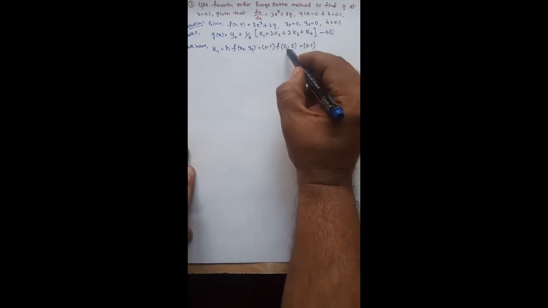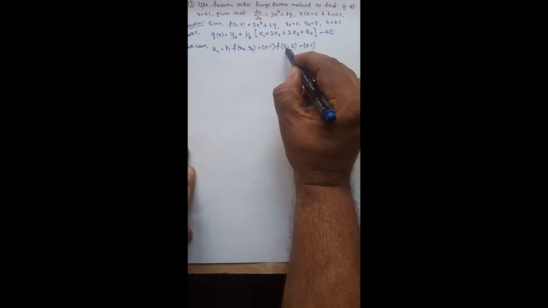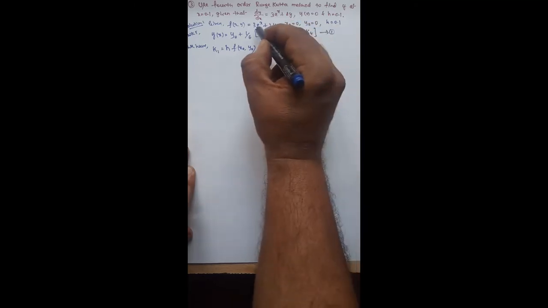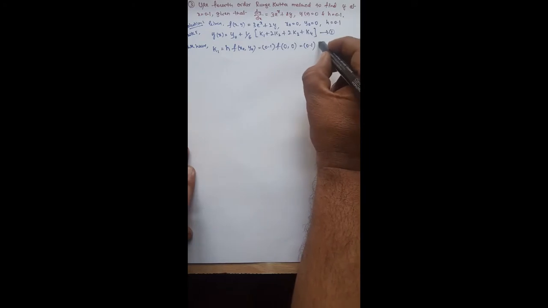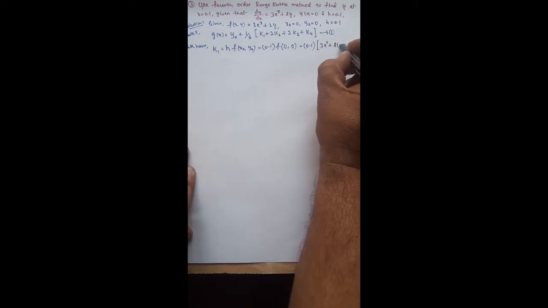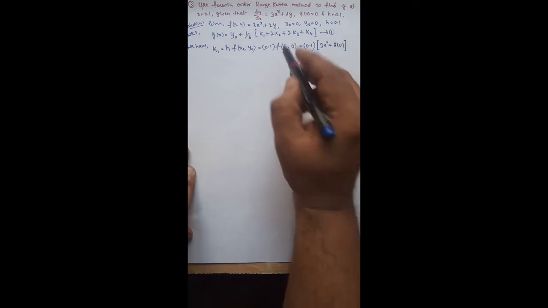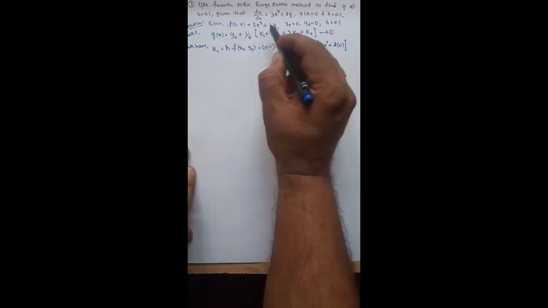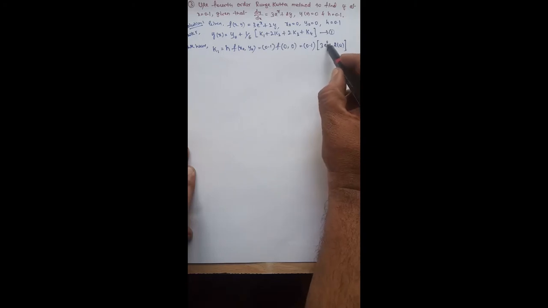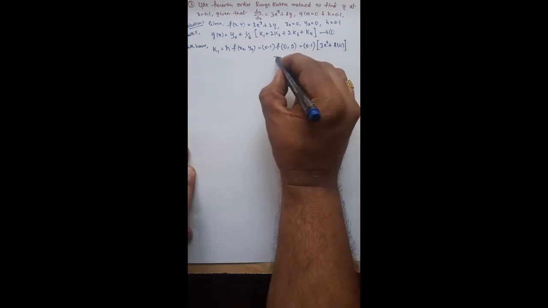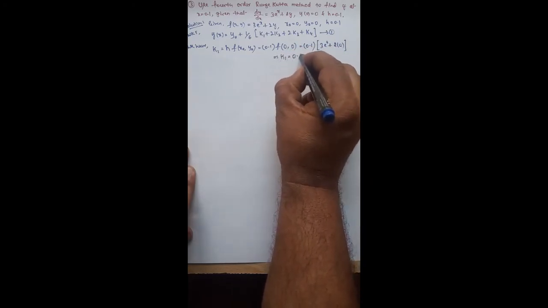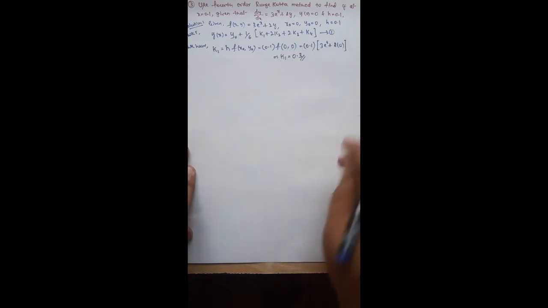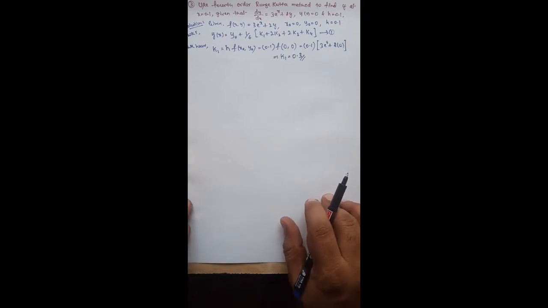But here in place of x we have 0 and in place of y also we have 0. So let us put x0 and y0 in this relation. It becomes 3 into e power 0 plus 2 into 0. 2 into 0 is 0 and e power 0 is 1, 1 into 3 is 3. So it is 3 into 0.1. So this implies k1 equals 0.3. So this is the value of the first parameter k1.